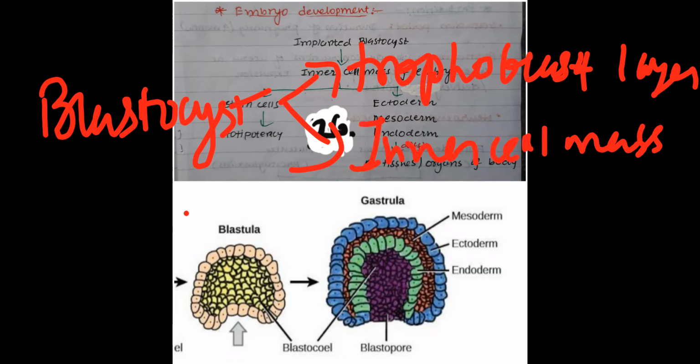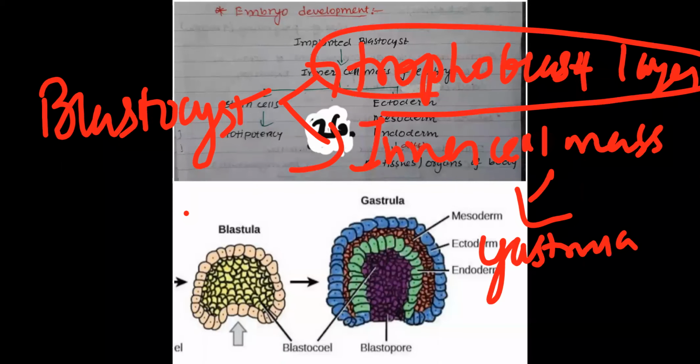It is the inner cell mass which is going to form the next stage called gastrula. So as you could see, the trophoblast has not contributed in the further embryonic development, while the inner cell mass develops the next stage, called gastrula.